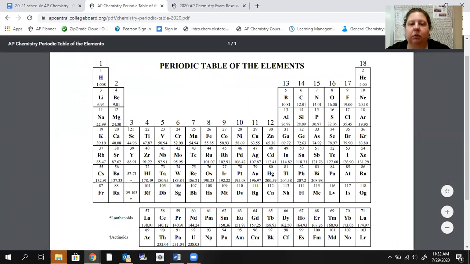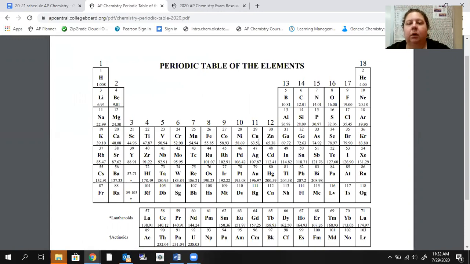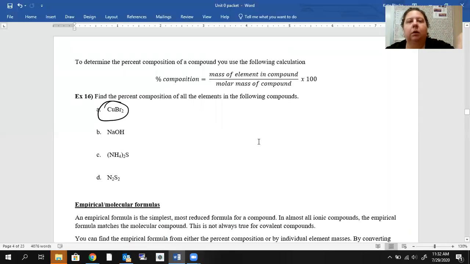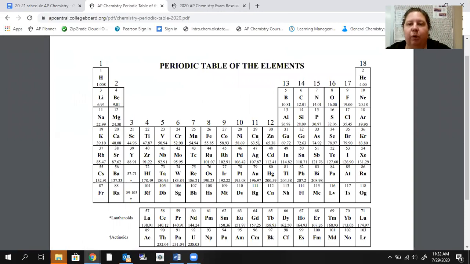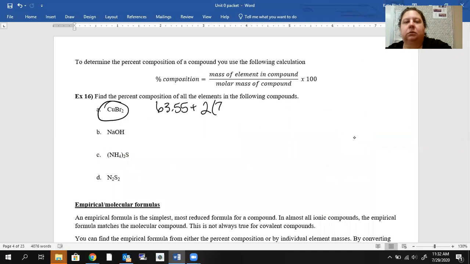we find copper, molar mass is 63.55. So 63.55 for copper plus 2 bromines. Molar mass of bromine over here, 79.90.